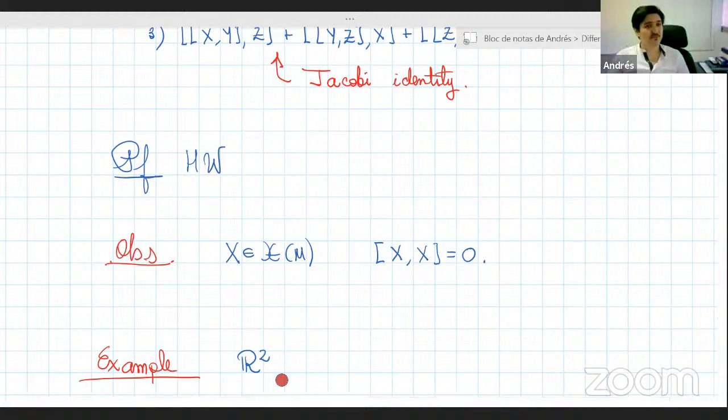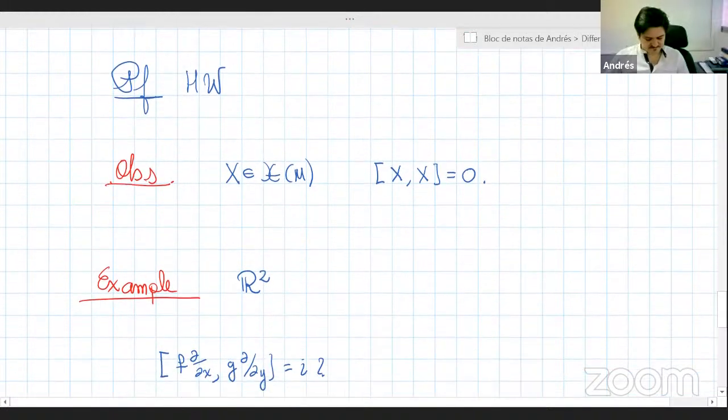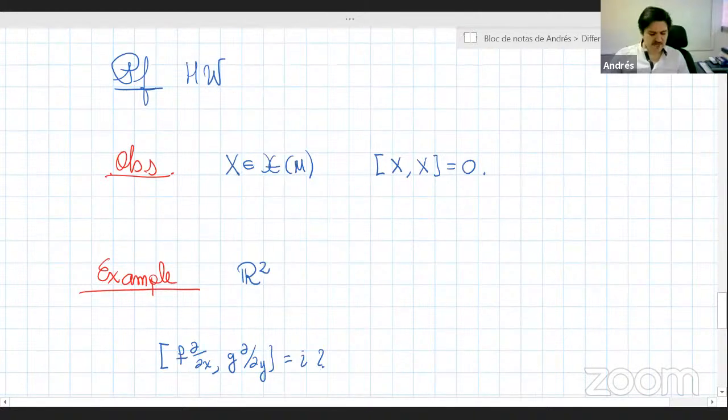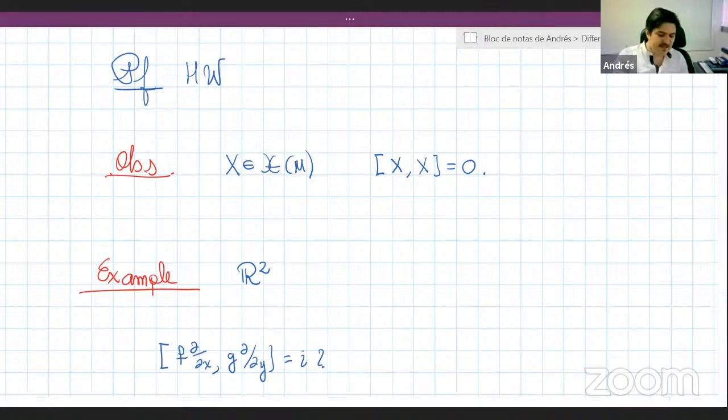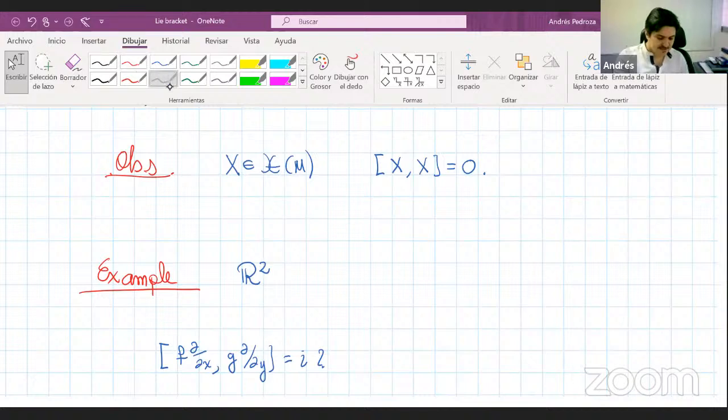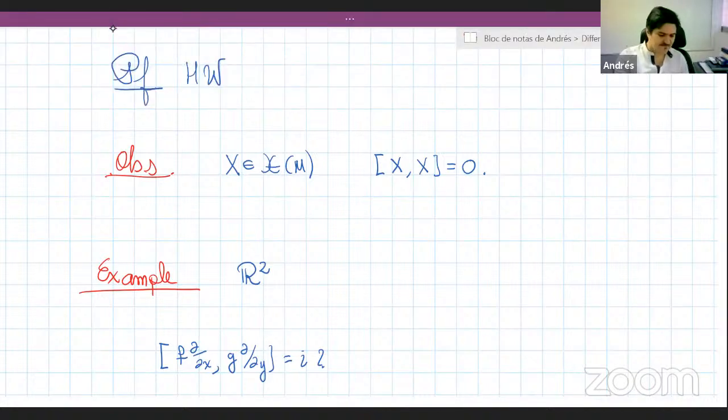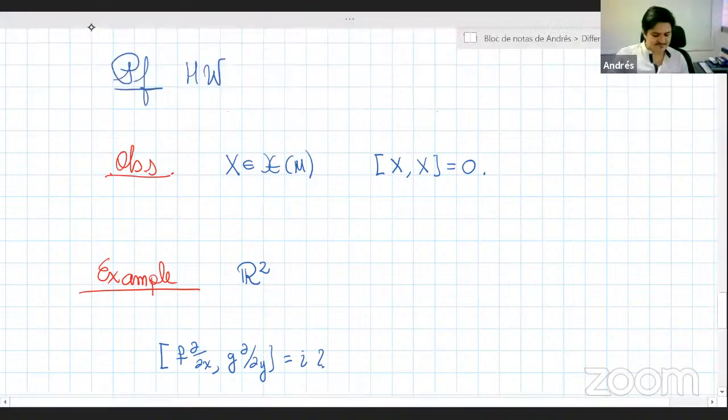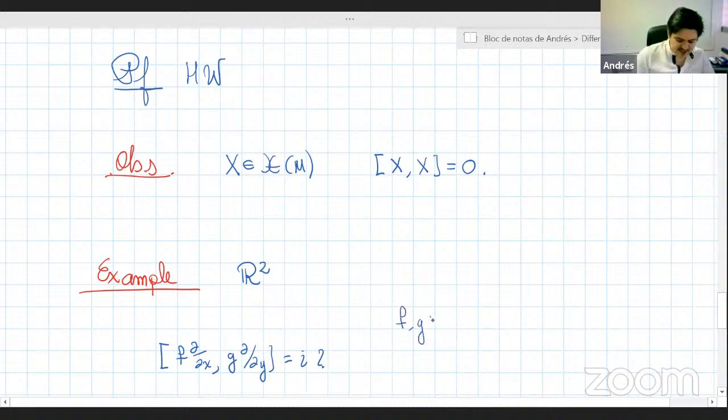And so let's compute the Lie bracket of a pair of vector fields. I decided not to put specific functions. So just remember that f and g are smooth functions.